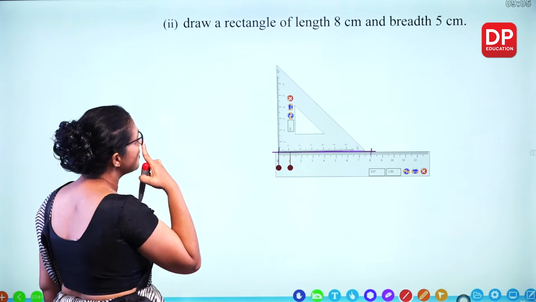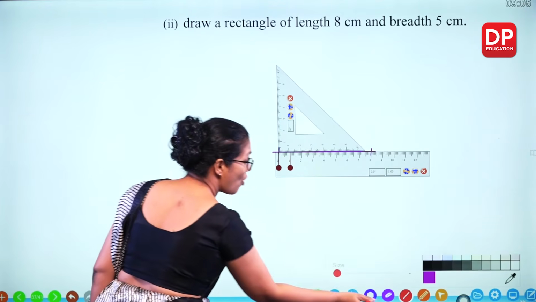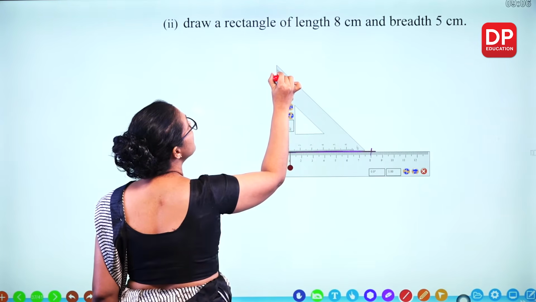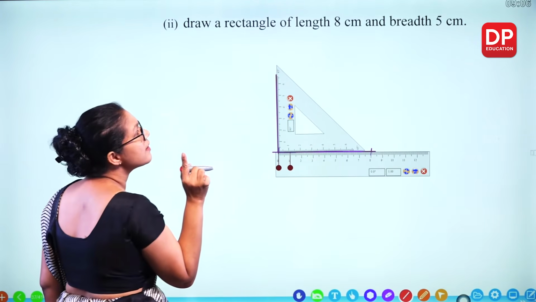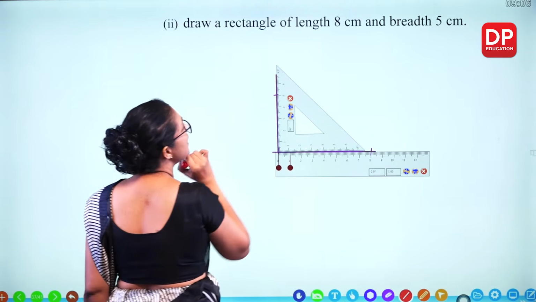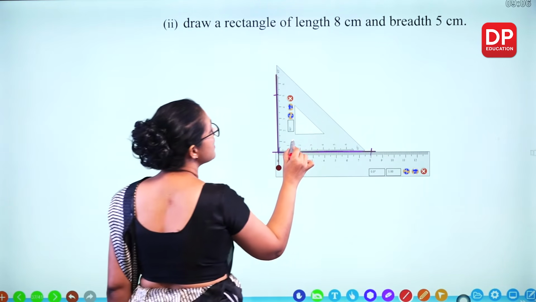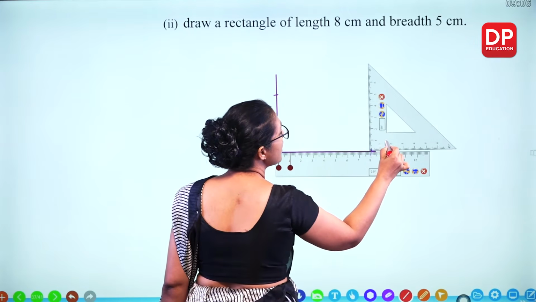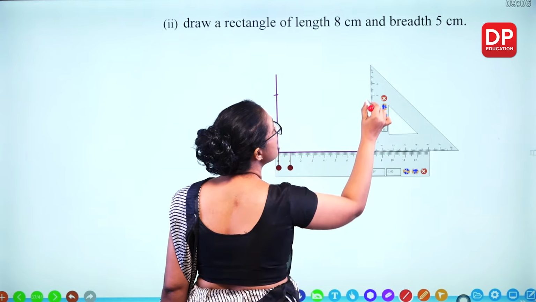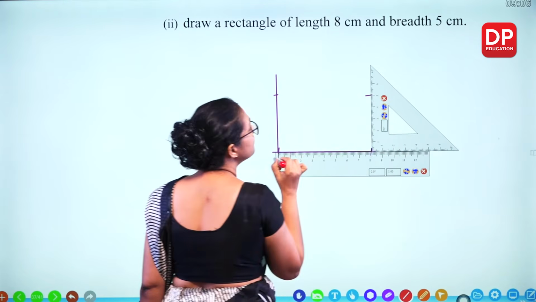And here this is perpendicular, so you can first draw the line. First you can draw the line here, and the breadth is 5, so you can mark 5 centimeter length here. And take the set square, drag it and keep on top of this point and measure 5 centimeter as well.